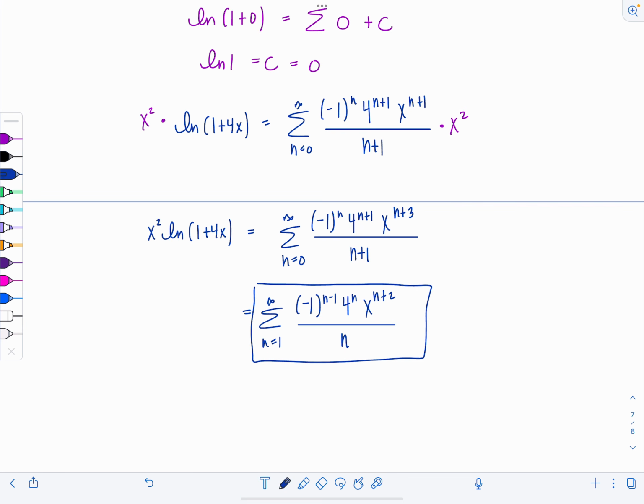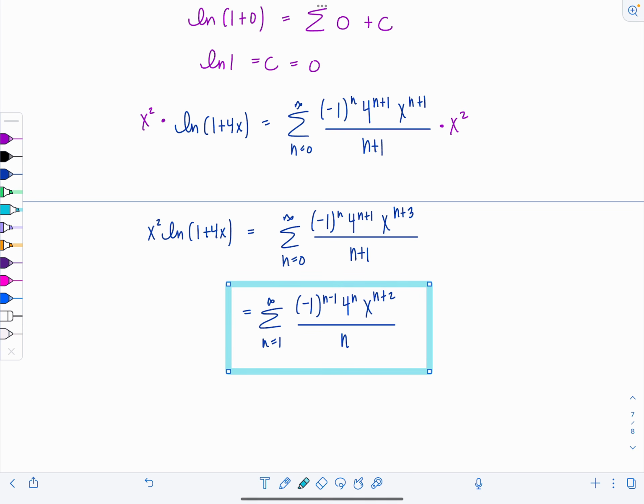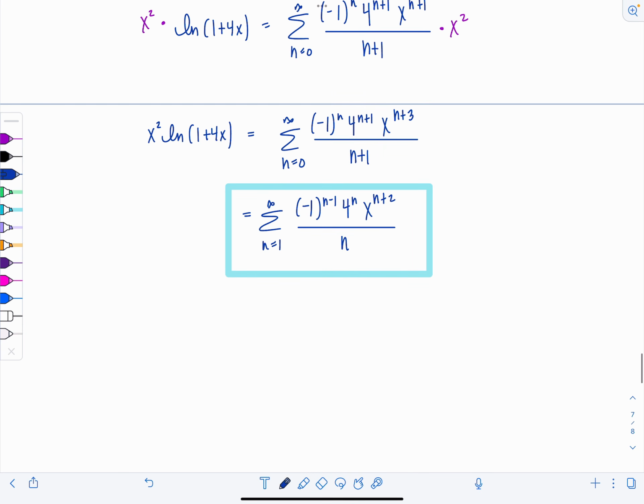Let me show you. If you wanted to start at x to the n, then you would need to start the sum at n equals 3. And then you would subtract another 2. So I would have (-1)^(n-1-2), which is n minus 3.